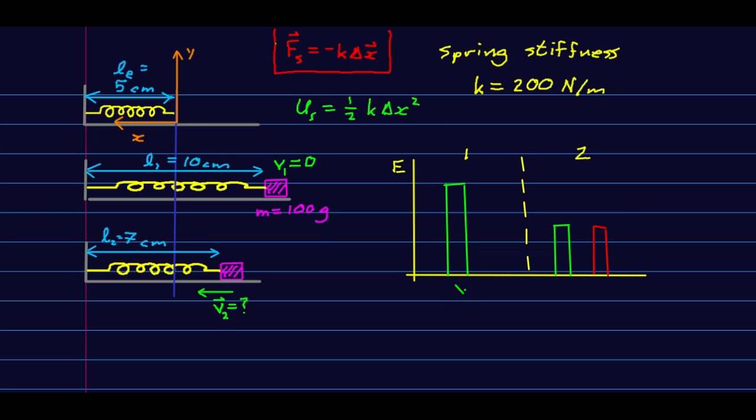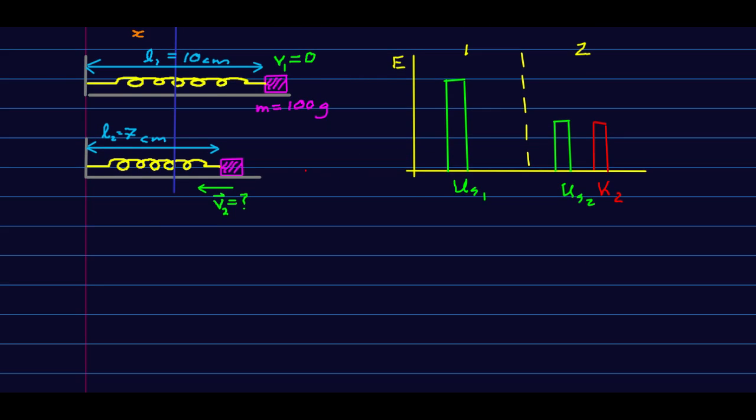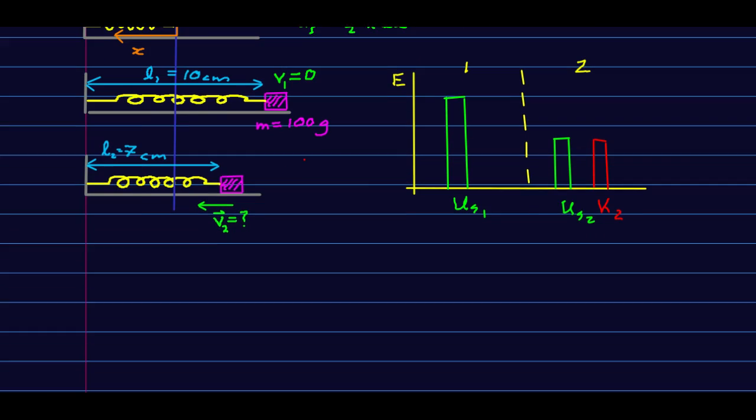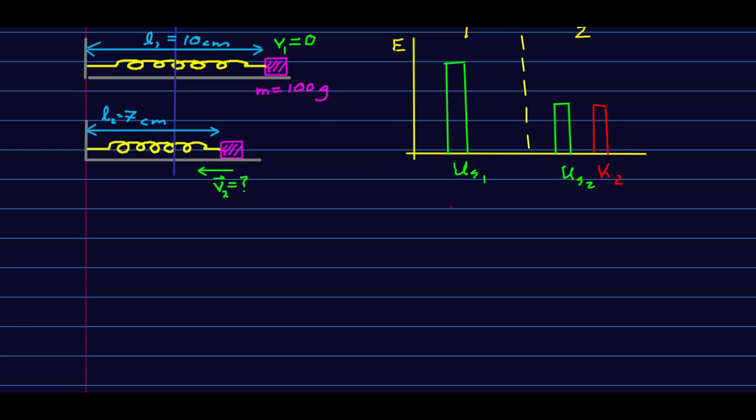I'm going to label these US1, US2, and K2. And the only thing exerting a force that's causing any acceleration is the spring force. And so this should be all that's going on. We're going to have a better way of arguing this later, but our energy should be conserved like so.